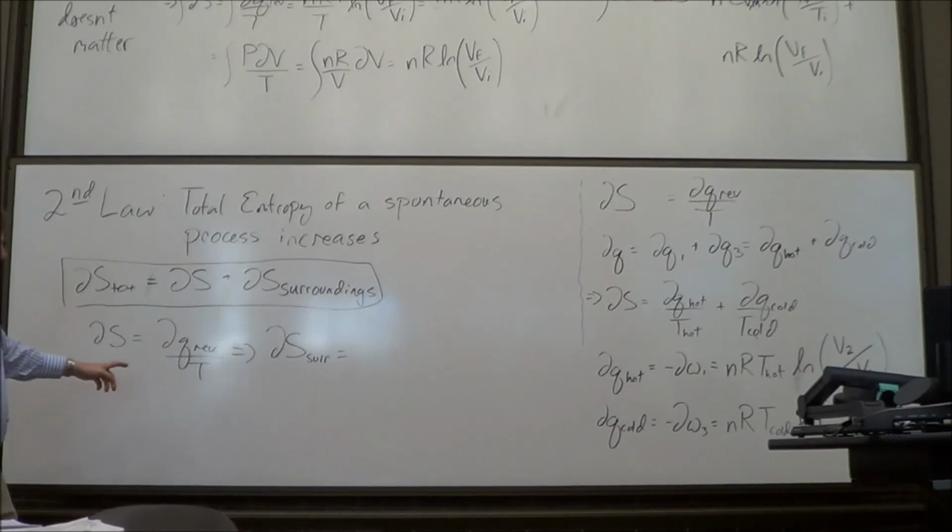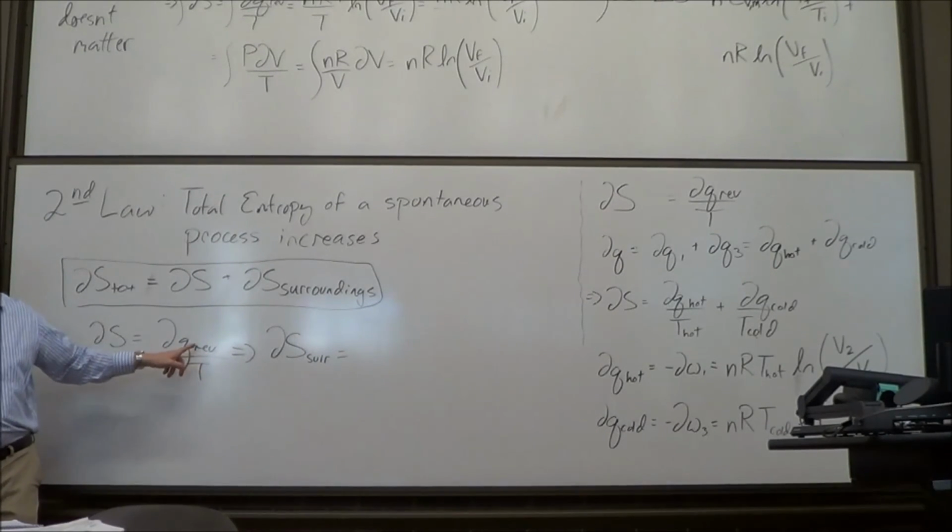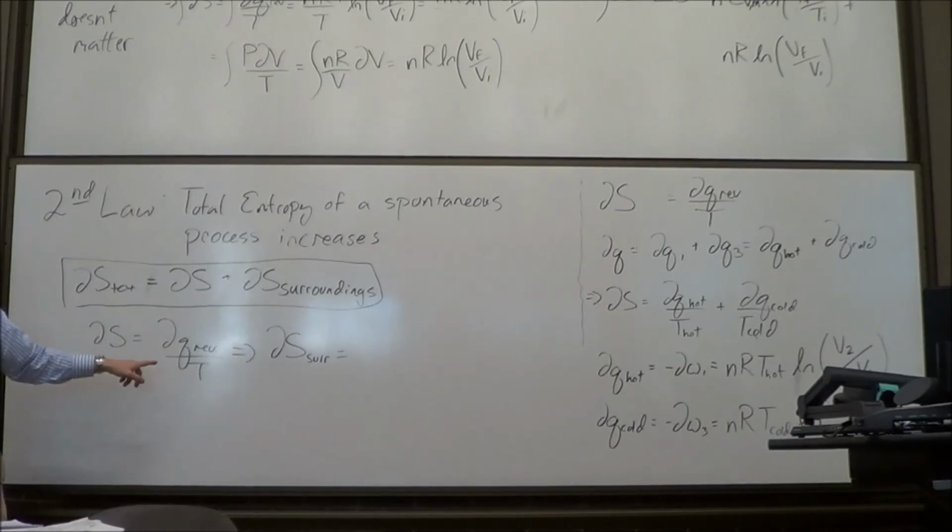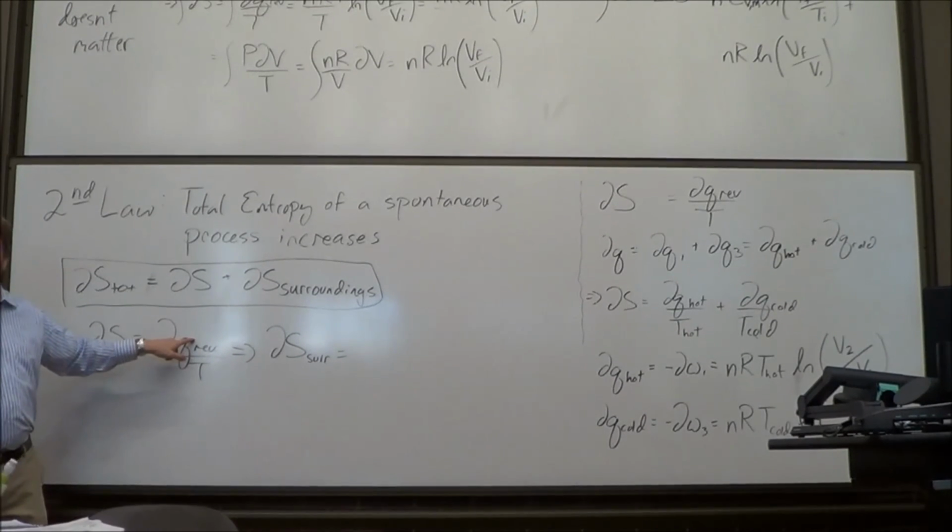What do you think it is, if this is the heat into the system that came from the outside? What's the heat transaction, not from the interior's perspective, which is this, because this is all we've been doing, what do you think the heat transaction is from the exterior's perspective? Negative.